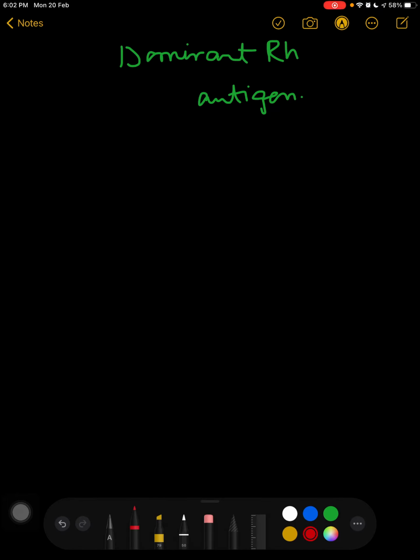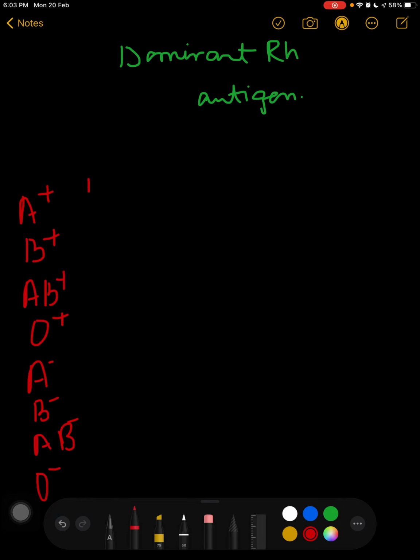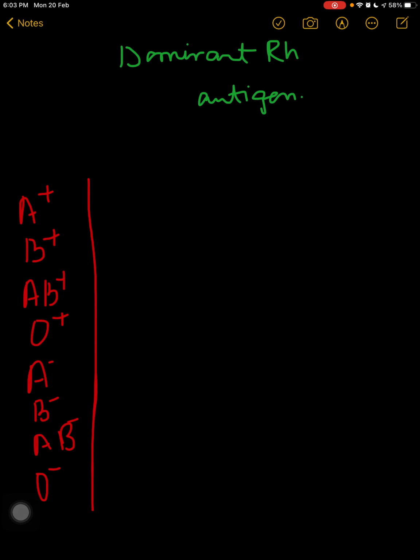So let's look into which Rh factor can be given to which. Let's make a checkerboard over here, right? So here we have A positive, B positive, AB positive, O positive, A negative, B negative, AB negative, and O negative.